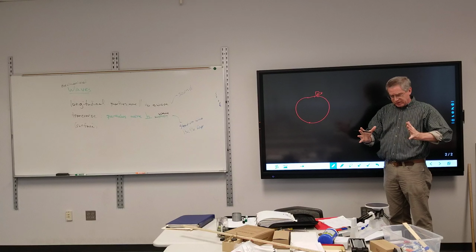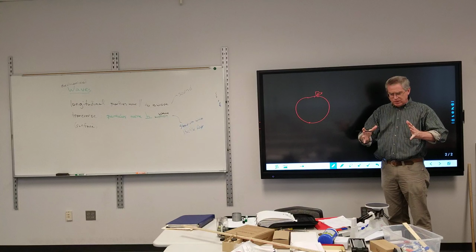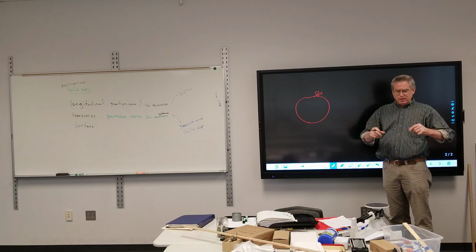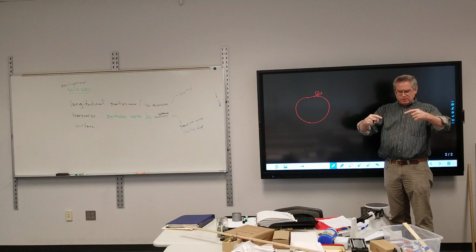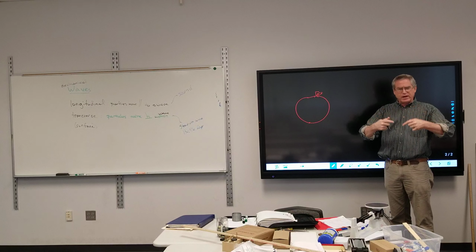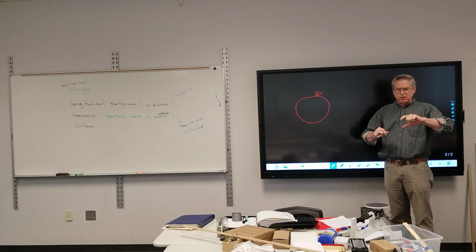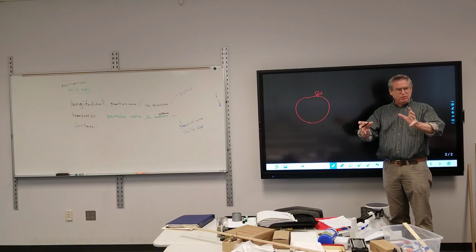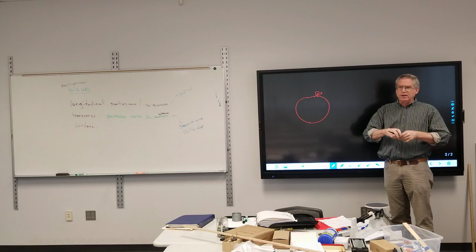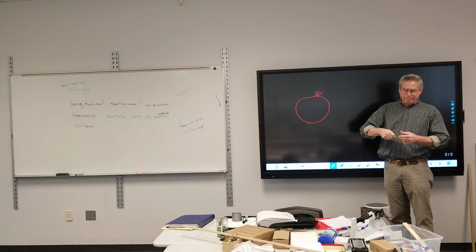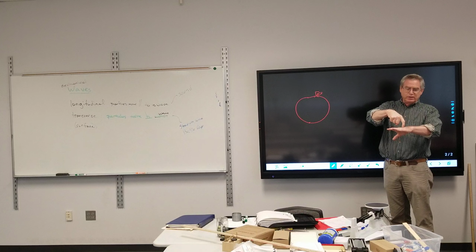And the way she did it, she had basically this drum, about yay big, with paper on the outside, and you smoke it, as in you hold it over a flame, so it gets all black. And so as it turns, there's a needle etching the black off.